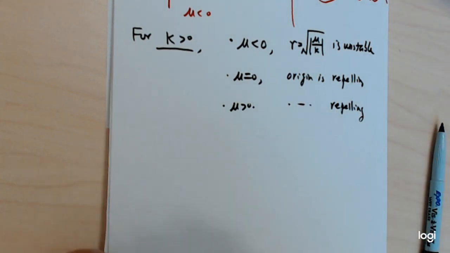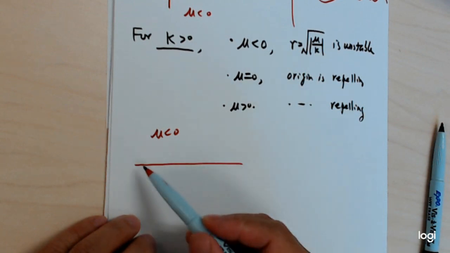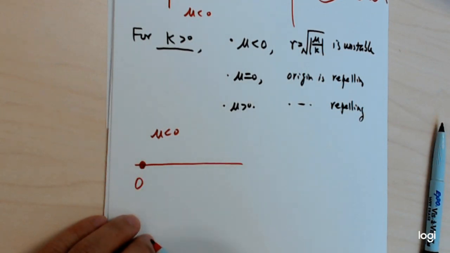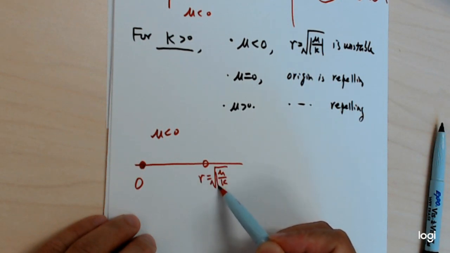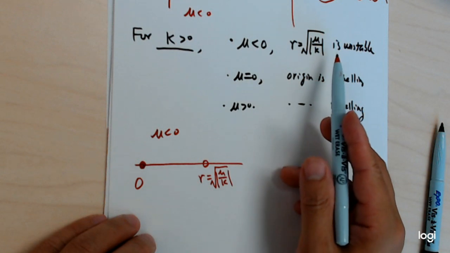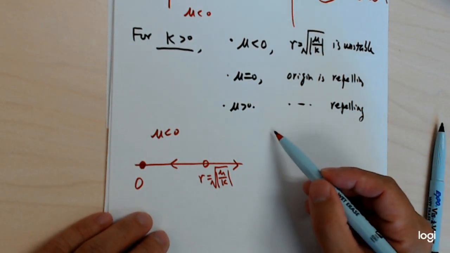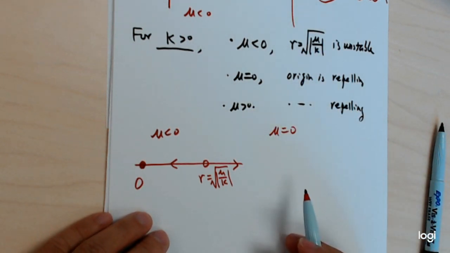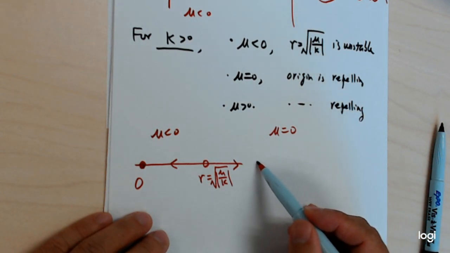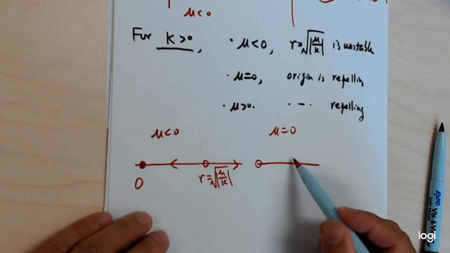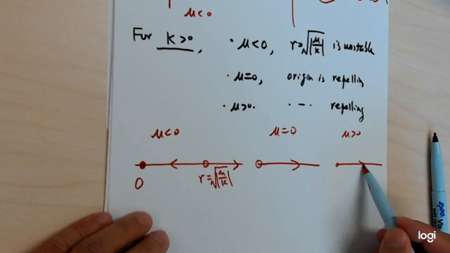So I do the same phase line analysis. Mu negative, two equilibria, 0 and this positive R, and this guy is unstable. The origin is stable. Mu equal to 0, the origin is what? Unstable. Greater than 0, the origin is also unstable.